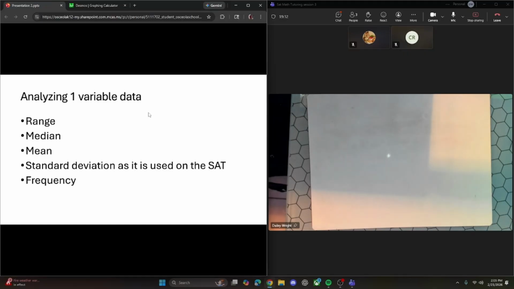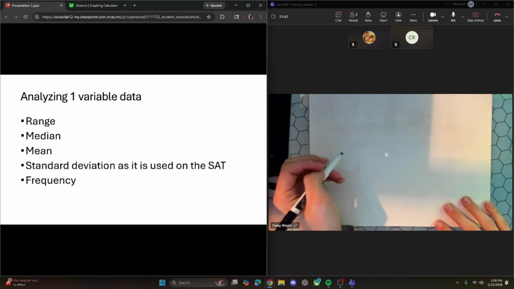So, standard deviation as it is used on the SAT. In stats, you would usually have to calculate the standard deviation. Standard deviation is never calculated on the SAT, or at least not with any of the problems I've ever seen. They could add new problems in that you have to, but I don't think they ever will. But the way they use standard deviation is they're always talking about spread.